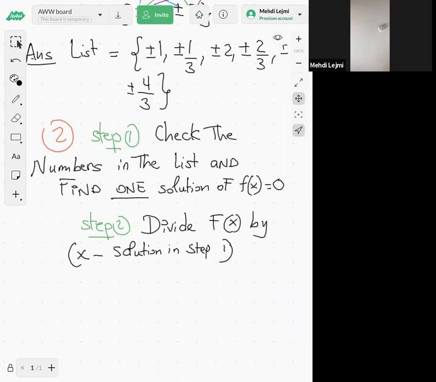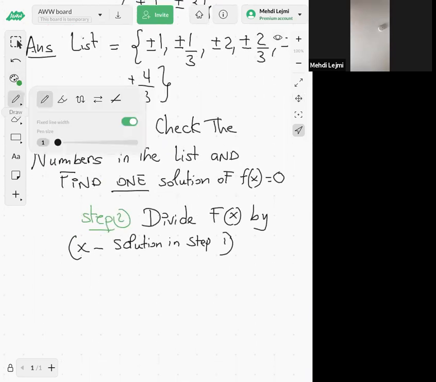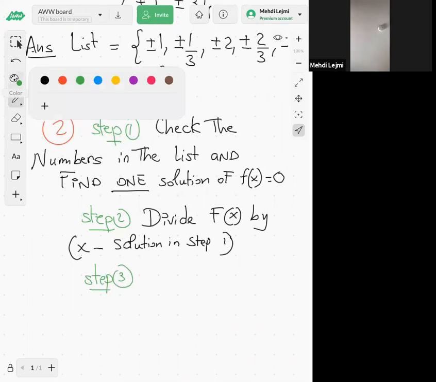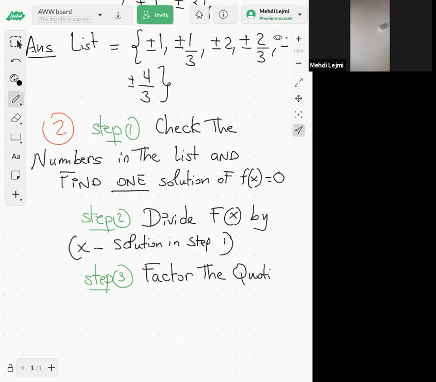And so in step 3, you have to factor the quotient completely. Okay, so once you factor the quotient completely, then of course you can factor f of x completely, right?